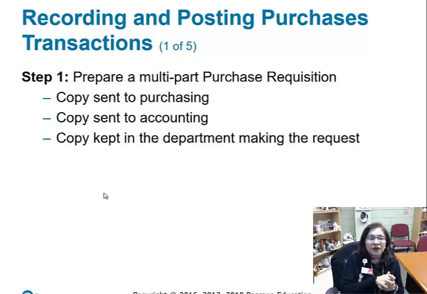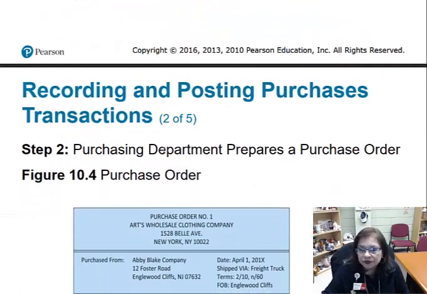That way, purchasing or central receiving realizes we should be getting those items in. Accounting knows that when we get it, purchasing will let accounting know, and then we pay. We make sure that we pay out. The department has to keep a copy as well, so that if something happens, the department is the one keeping track of it, saying, hey, where's my goods? What happened here? Was it paid out? Has it been done? What's going on?